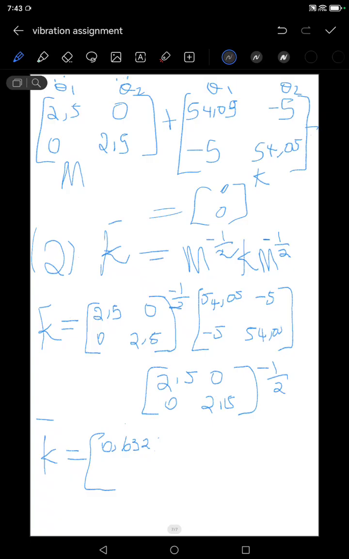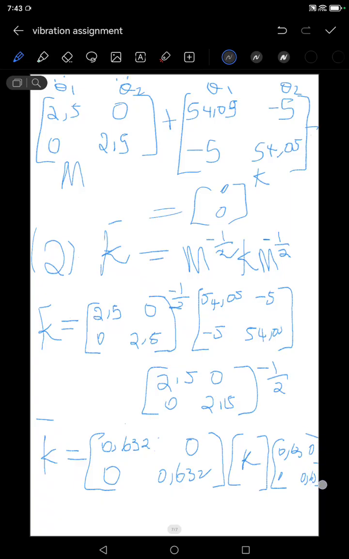So let's say it's going to be 0 here, 0, and even here it's going to be 0, and then here it's going to be 0.632 into the same k, into this 54.05, and then multiply by the same values of 0.63, and then 0, 0, and then we have 0.63.